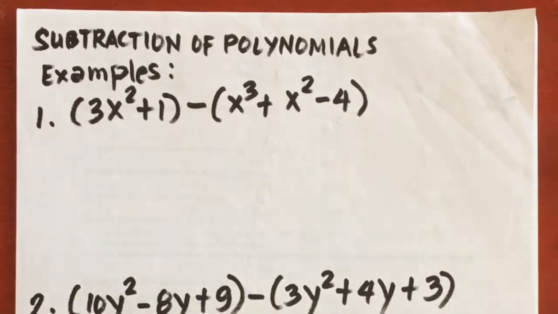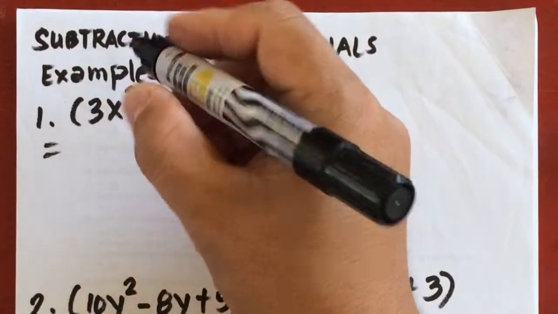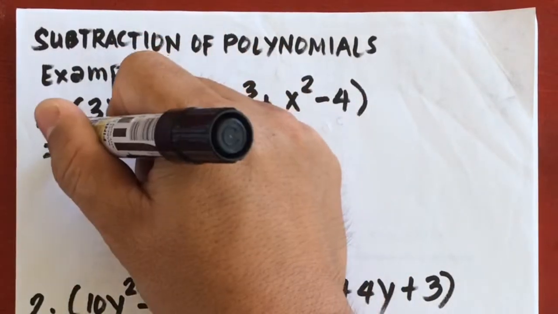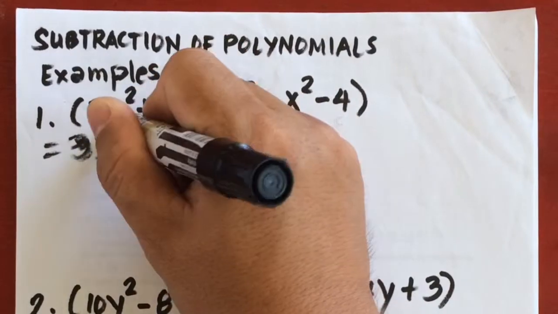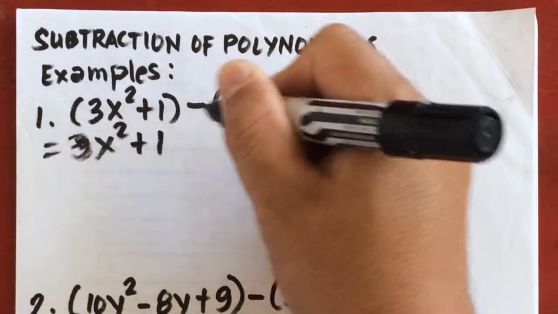Let's have some examples. Example number 1: 3x squared plus 1 minus the quantity x cubed plus x squared minus 4. Now the process will be you're going to change the sign of the subtrahend, or you're going to have the additive inverse of the second polynomial. So this will be equal to 3x squared plus 1.